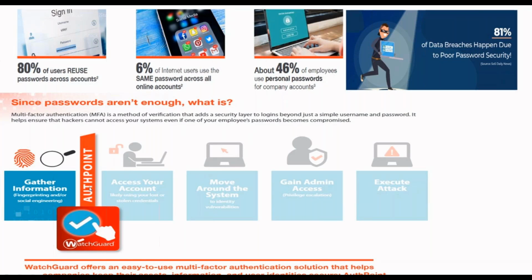So as you can see here, gathering information like fingerprinting or social engineering to find out the password. And to be honest, gathering information nowadays is so easy for them through the dark web. They just pay for it and get these types of passwords, right? So we're going to put a stop point here before they can access your account, move around the system, gain the access, and execute the attack.